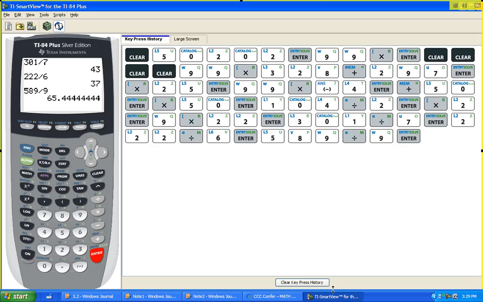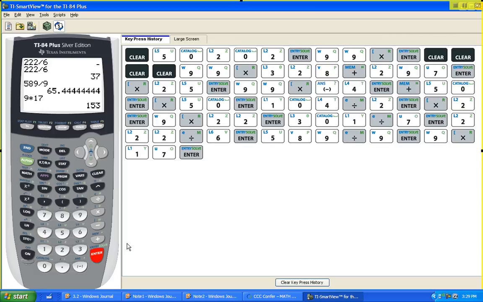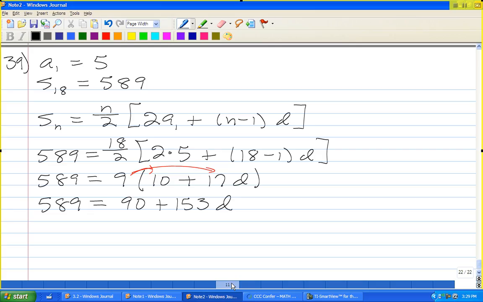Nine times 17 is 153. Subtract 90 from both sides of your equation. Divide both sides of your equation by 153.